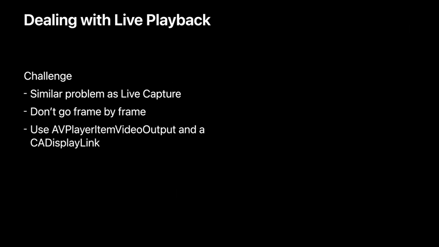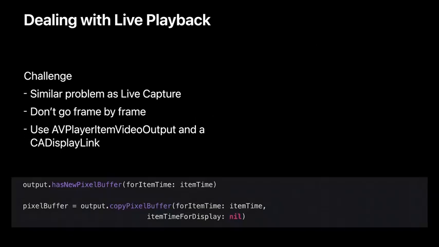So we're using the AVPlayerItemVideoOutput together with the CADisplayLink. It's going to tell us when we have a new CVPixelBuffer available for a given time, and we might use that time a little bit in the future so it synchronizes with the actual video frame arriving on the screen. And then we simply copy our output pixel buffer and do the analysis based on that.